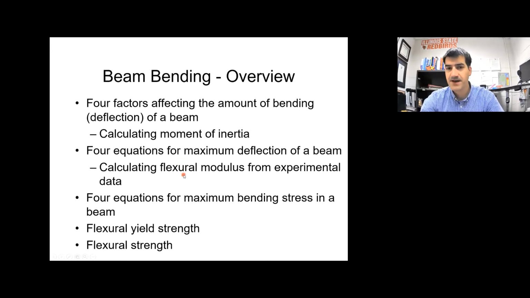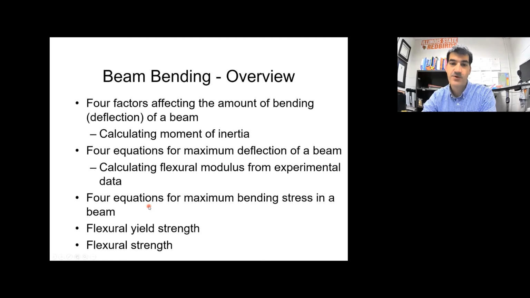One thing that we'll talk about is called the flexural modulus. You can think about this as being pretty similar to the elastic modulus for tensile testing or compressive modulus for compression testing. Now we're doing beam bending testing, which is flexural testing. And so it's natural that we have a different kind of modulus, which we're going to call the flexural modulus.